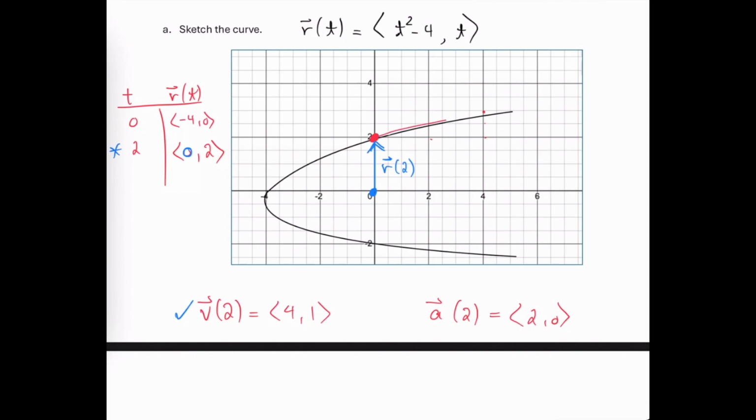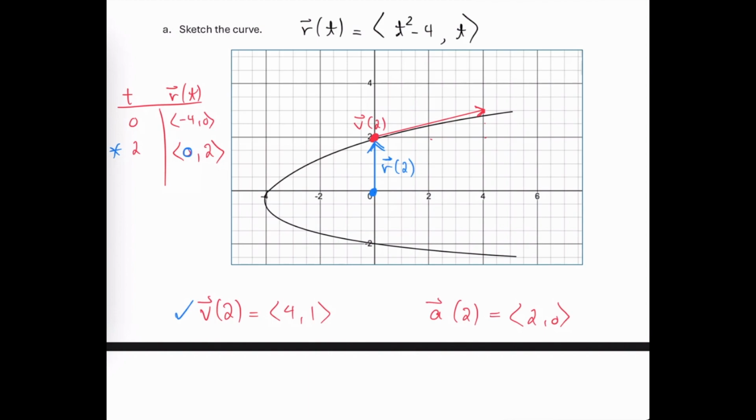Now I can already tell that my drawing is not to scale because I actually look like I'm going 2 units in the direction of y, but that's because my parabola is just a little bit too wide. So our velocity vector is going to be v at 2 here. It's pointing in the direction of motion, and the magnitude of the velocity vector is representing the speed. So the longer the velocity vector, the faster we're traveling.